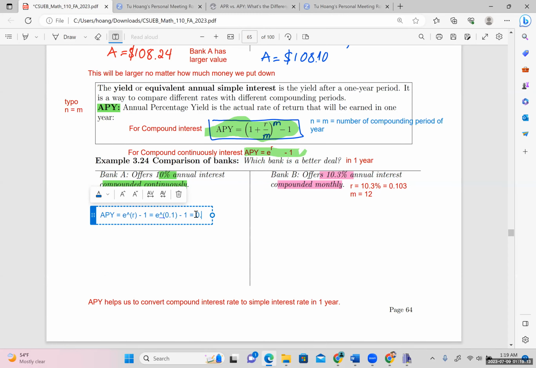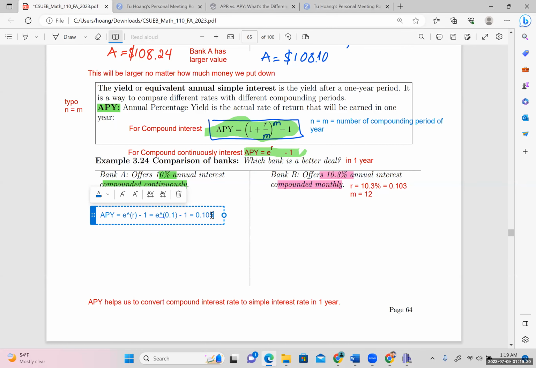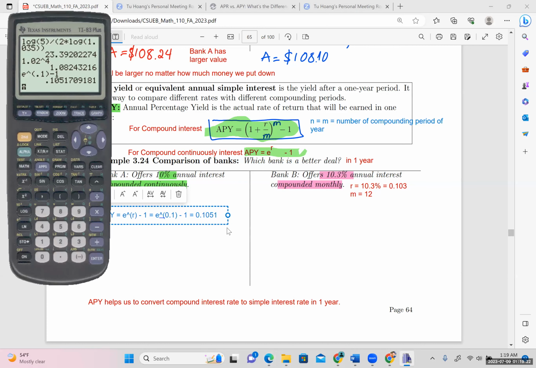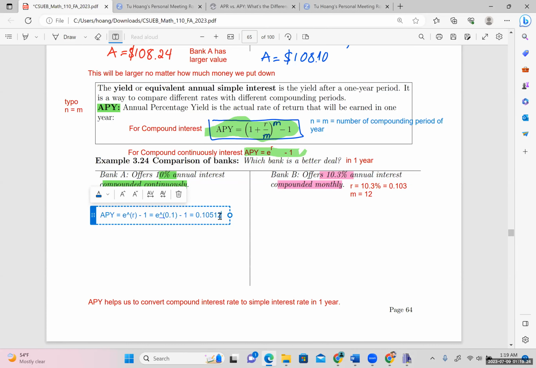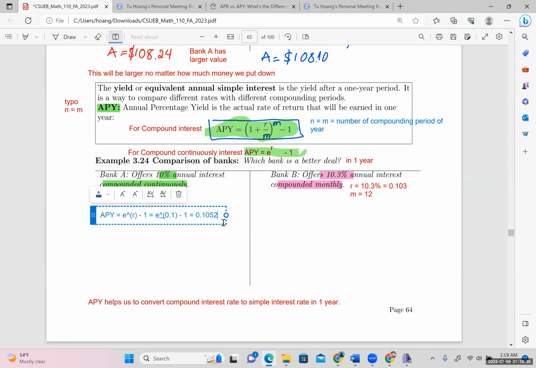0.105. What is that? No, 0.1052. Okay, try to have about 4 decimal places, so that later when you convert into a percentage, you will have a better view.